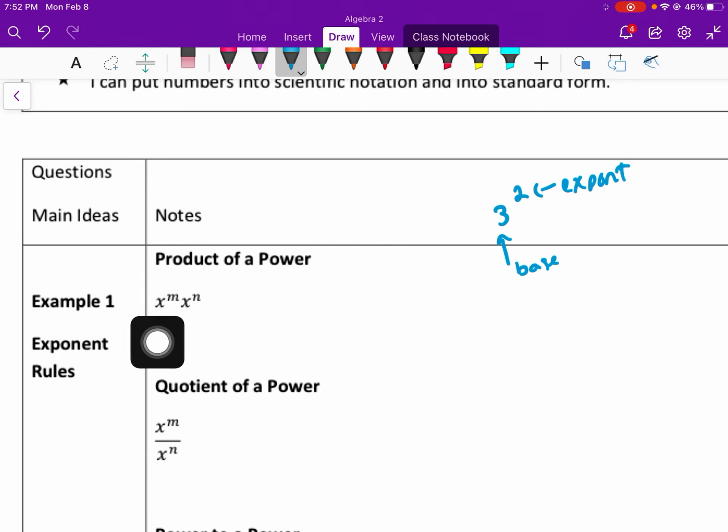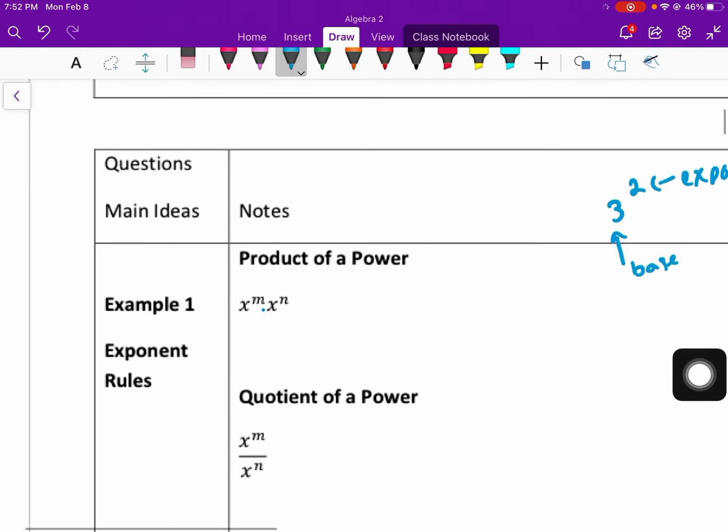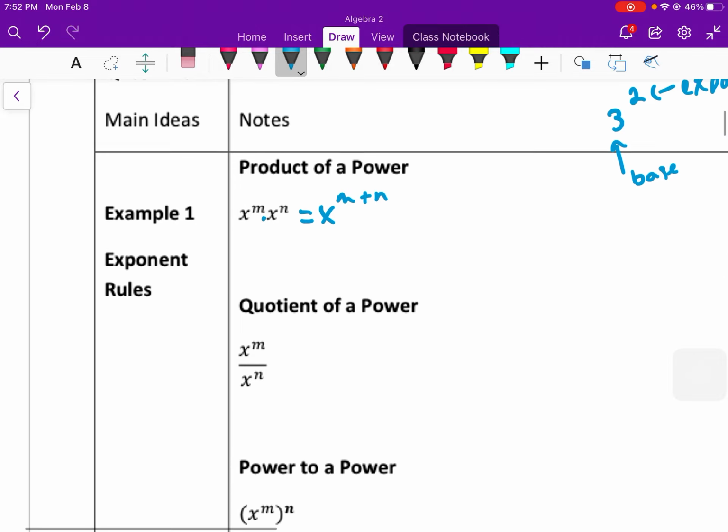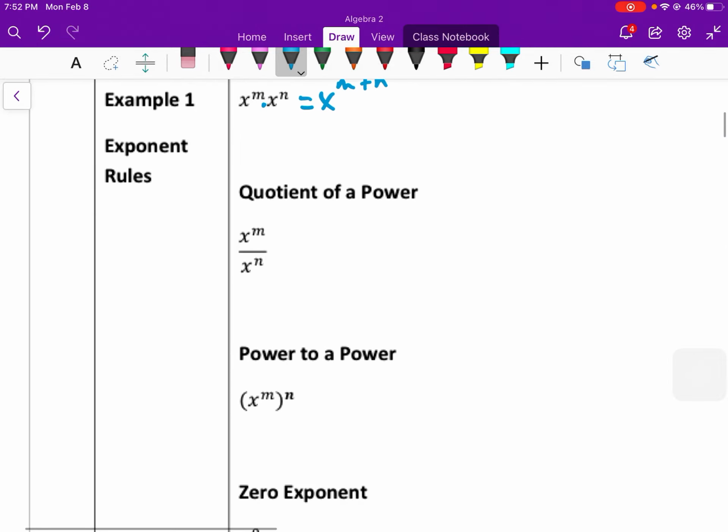So, product of a power, it works when we have the same base for the product here. So product of a power then would be x to the m times x to the n would be x to the m plus n. And so that should look a little familiar to what you've seen previously.